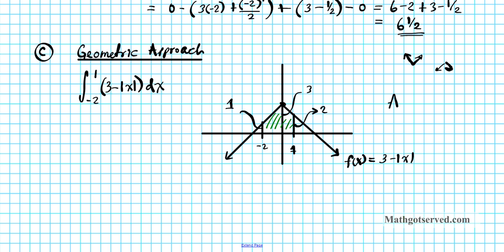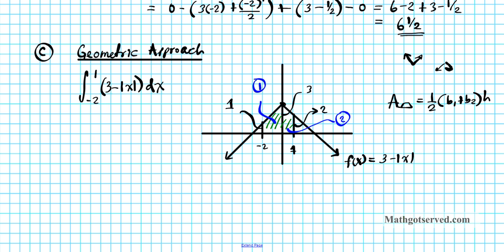So the area of a trapezoid is given by 1/2 times base 1 plus base 2, times the height. We have two trapezoids here. This is trapezoid number 1, and this one right here we can call trapezoid number 2.